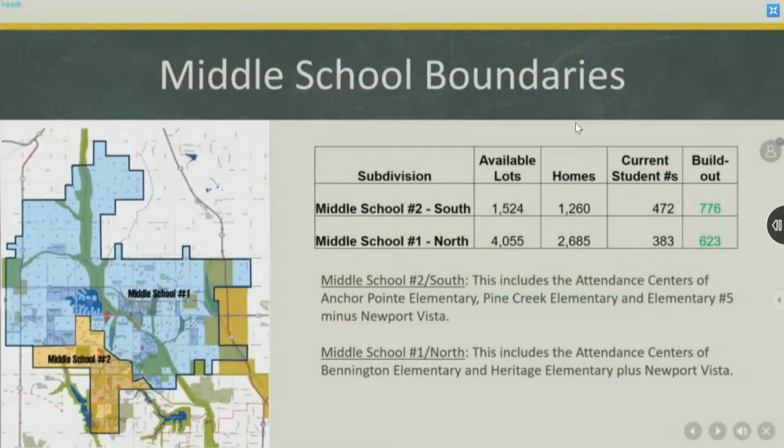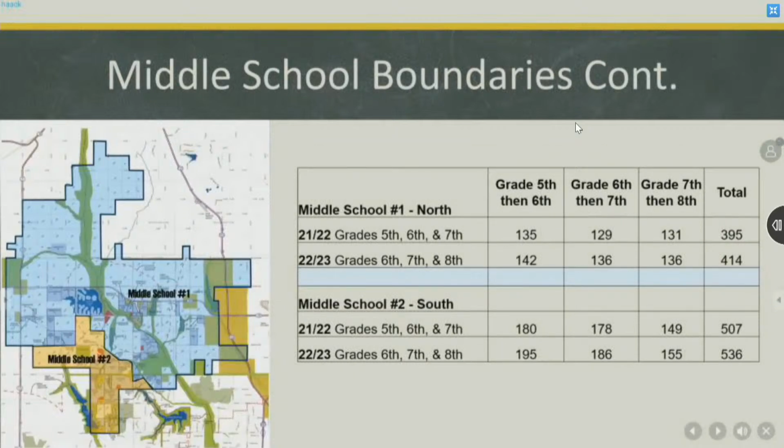If it is 50%, that would be close to 1,200 elementary students, of which we only have 120 attending at this point in time. So even though middle school number one, middle school north, has fewer students today, we are trying to build it looking at the future, and knowing what is coming in development that's not on paper at this point in time. Those are the section breakdowns.